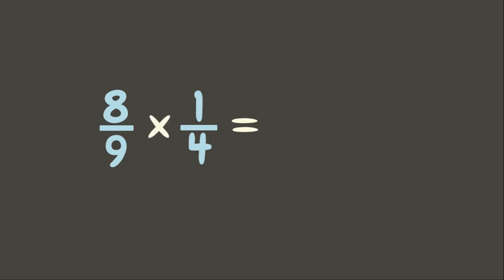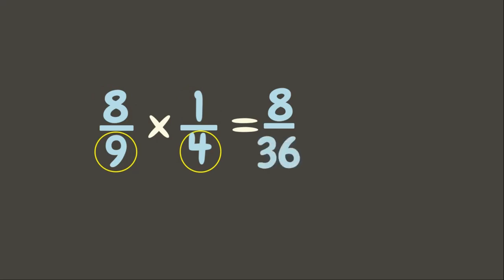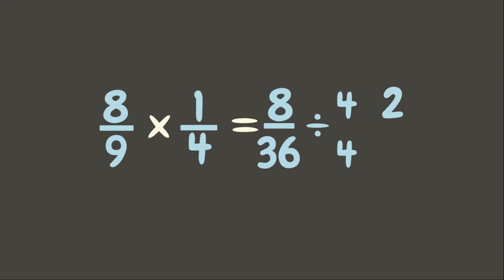Let us multiply. 8 times 1 is 8. 9 times 4 is 36. Let us simplify our answer. 8 and 36 can be divided by their common factor 4. 8 divided by 4 is 2. 36 divided by 4 is 9. Now 2/9 is our final answer.